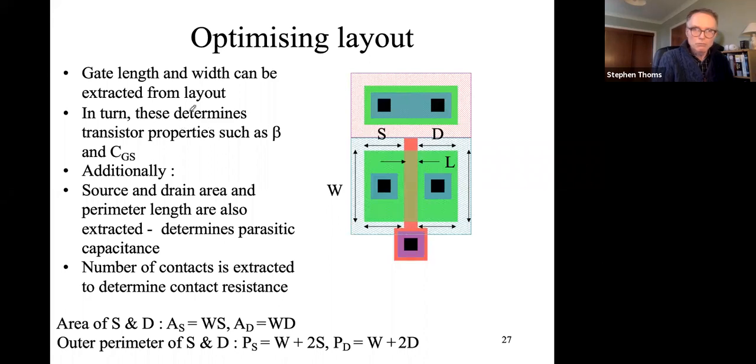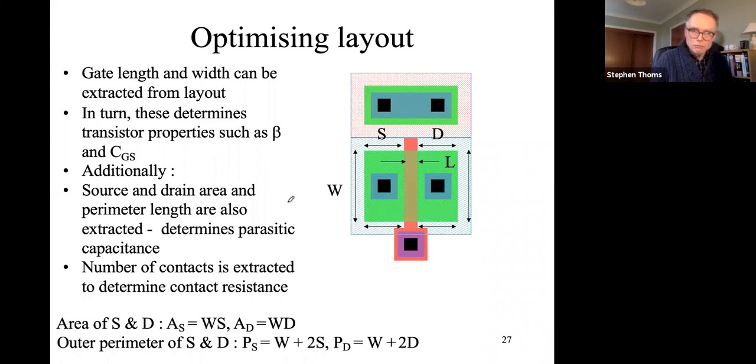So we can see the gate length is here. We can see the gate width is the width of the active area here. And these tell us things like the gain beta, and things like the capacitance.